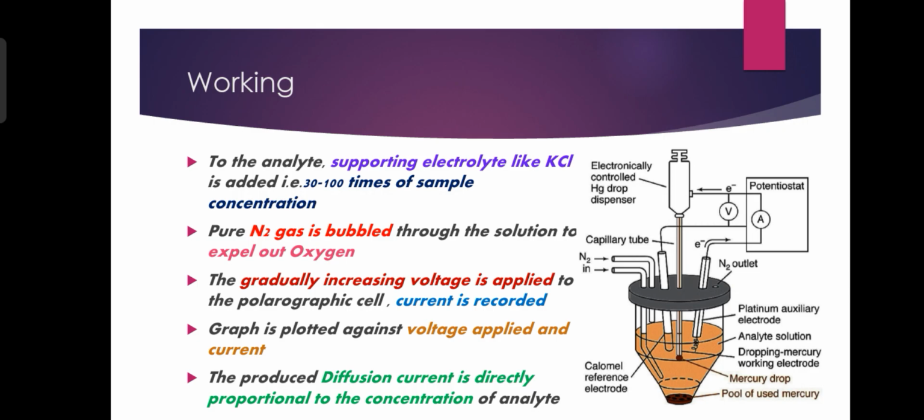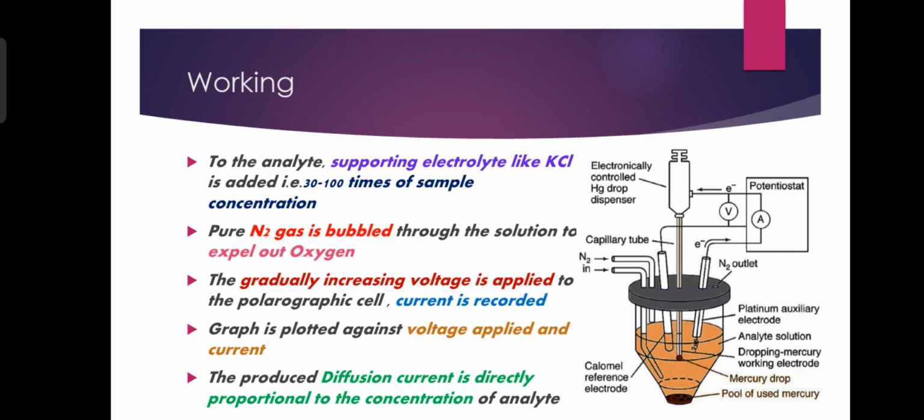You can see in the figure that the nitrogen inlet gas is there, and here is our reference electrode. Our working electrode is our dropping mercury electrode, and the auxiliary electrode is our platinum auxiliary electrode, and the mercury drop will fall from the mercury reservoir through the capillary tube drop by drop, and you can see the pool of mercury there.